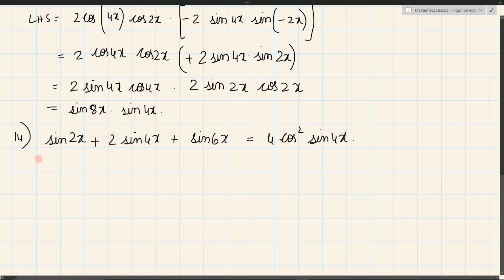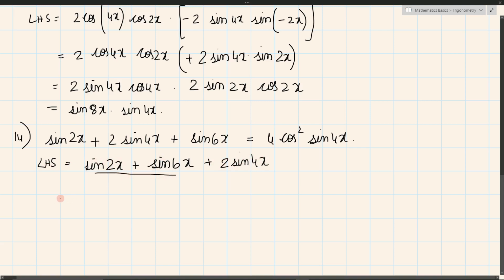So we have the LHS is equal to sine 2x plus sine 6x plus 2 sine 4x. So we'll consider these two first.